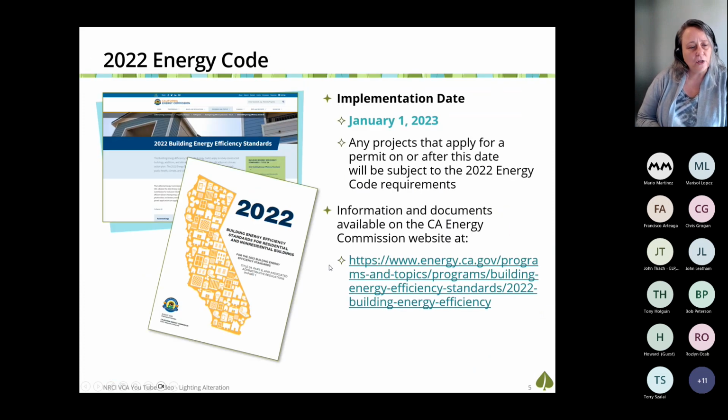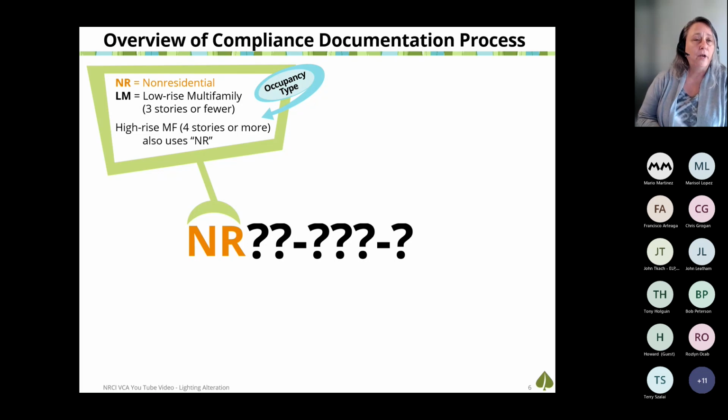These new certificate of installation forms are in play for projects that submit for permit under the 2022 code cycle, which applies for projects that apply for permit as of January 1st of this year, 2023. There are a lot of forms, and they added even more with this code cycle.